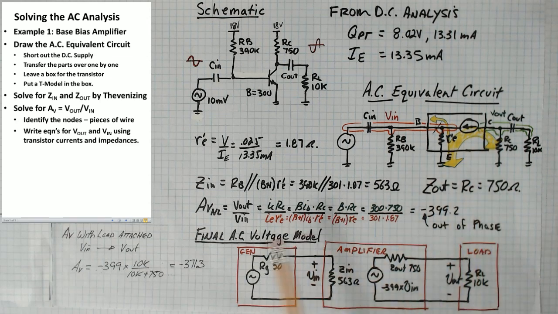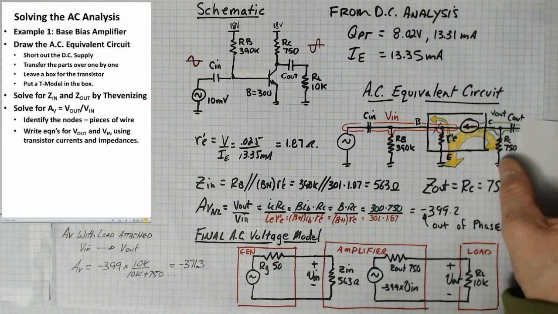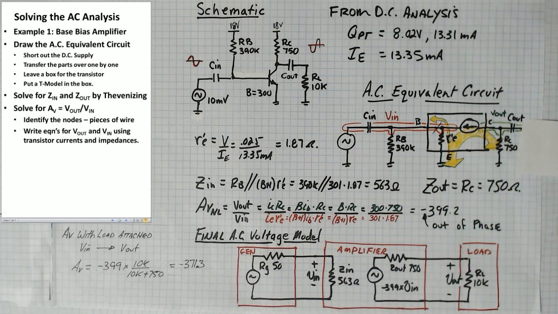If we're looking for no load voltage gain, what we want to do is remove the load and figure out the gain with the load removed. So basically the current that's coming out of the collector here has to go through this 750 ohm resistor RC. So V out has to be equal to IC times RC. And I've entered that into my equation here, my no load gain on the top side here. I have V out is equal to IC RC.